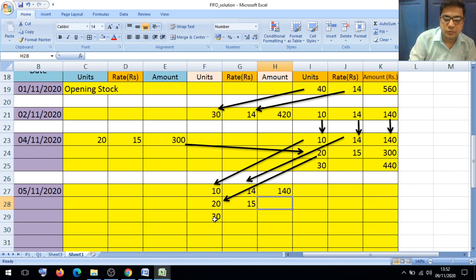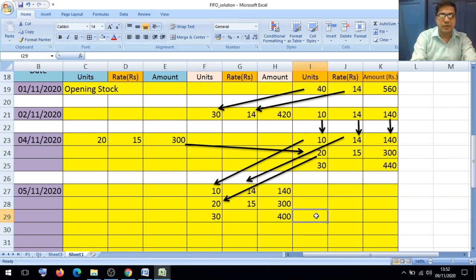So 20 multiplied by 15 is equal to 300. Here 440. Now if you see, 10 units sold first, then 20 units sold after. Total units we want to sell is 30 units and their value is 440.